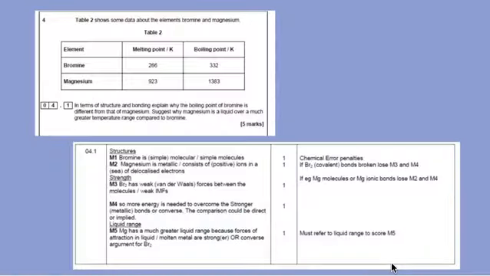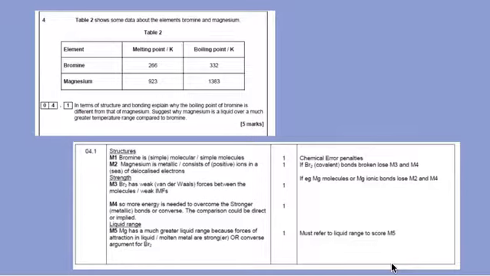So, just to go through the mark scheme very quickly. 1 mark for identifying that bromine consists of simple molecules. 1 mark for identifying that magnesium is metallic. That's 2 marks out of 5 just to be able to do that. Then you need to refer to the forces between the particles.